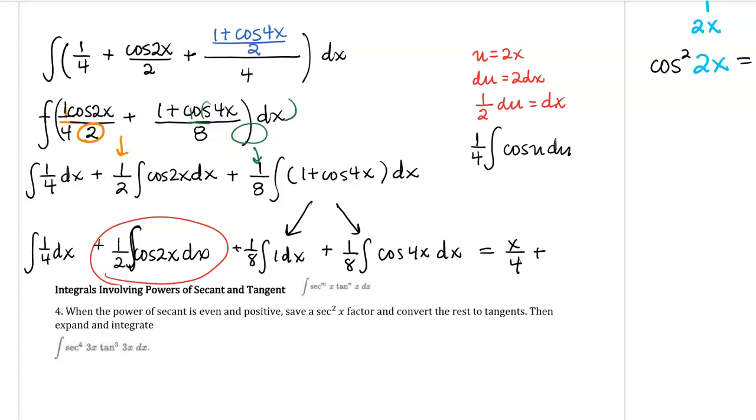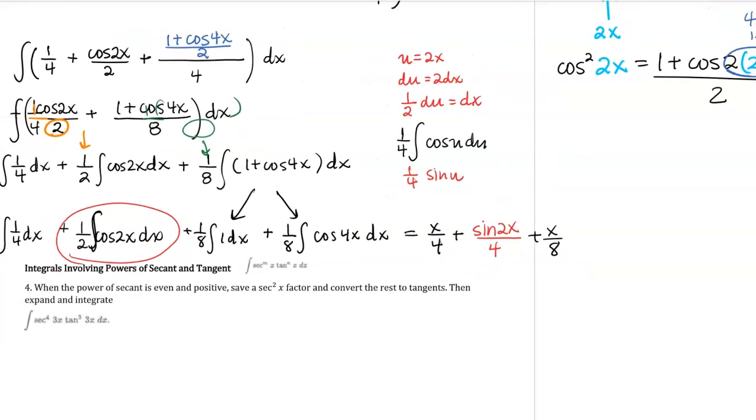And the integral of cosine is sine. So this would be a 1/4 sine u. So I'll sub back in what u is. U is 2x, so I have 1/4 sine 2x, or sine 2x over 4. Those are the same thing. Then I'm just going to be adding an x over 8, because the integral of 1 is just x.